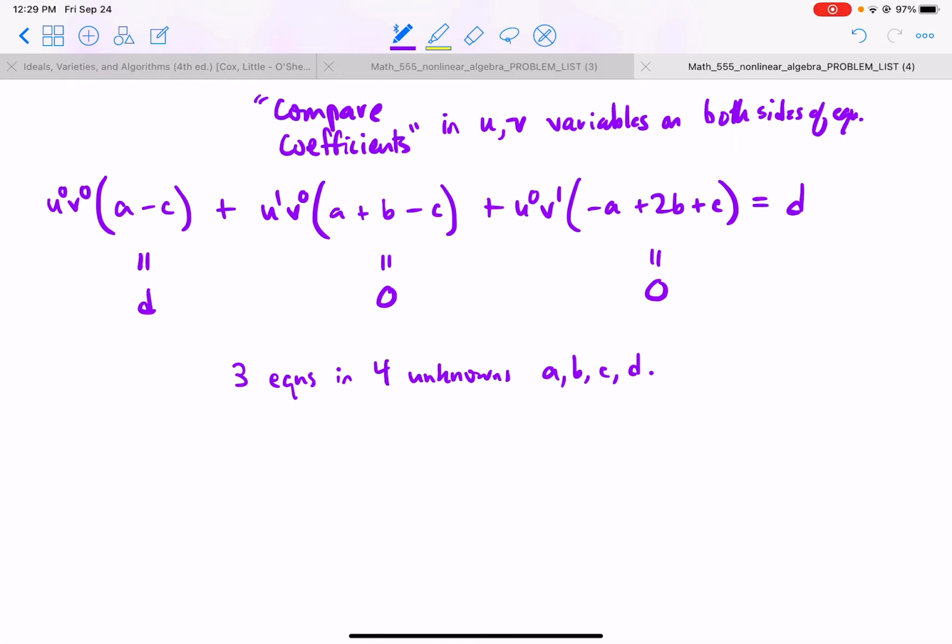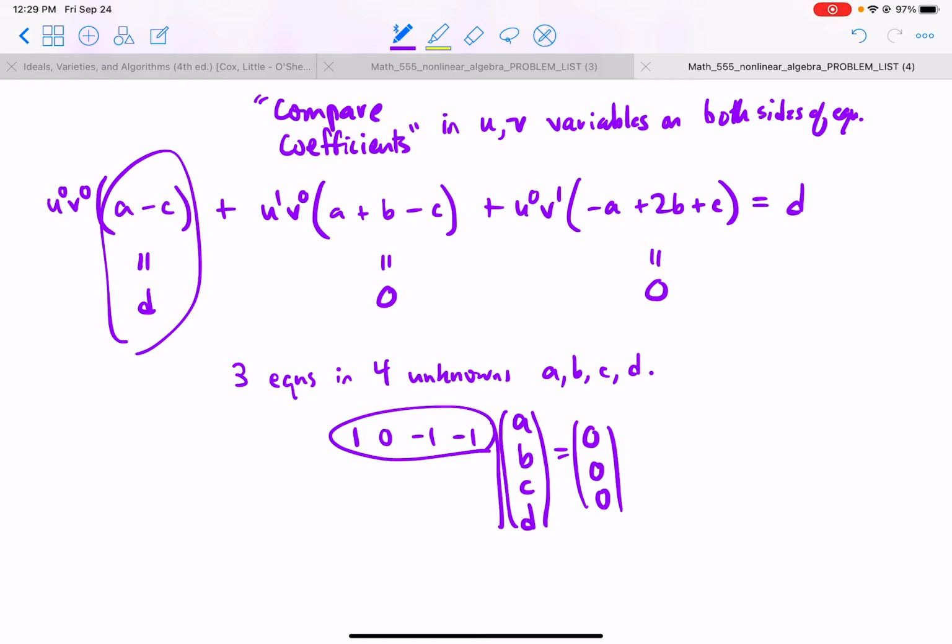So we can write this down. This is a linear system. A minus c equals d. These will be my 3 equations. My first equation here became the first row.